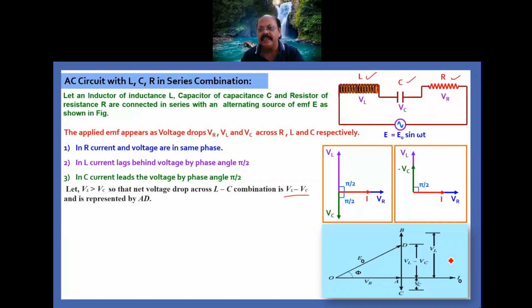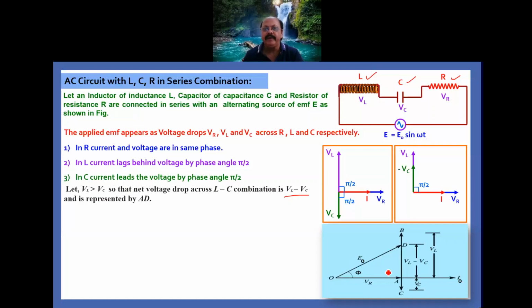You can see here that AD is VL minus VC, AC is VC, and AB is VL, and this OA is VR, which makes an angle phi, that is the phase angle, and OD is the maximum EMF, and this line also represents maximum current.